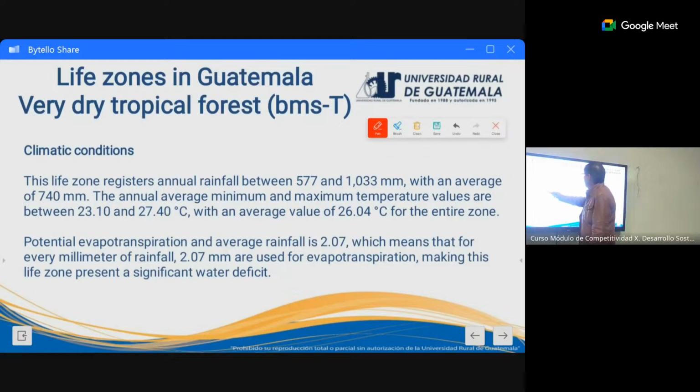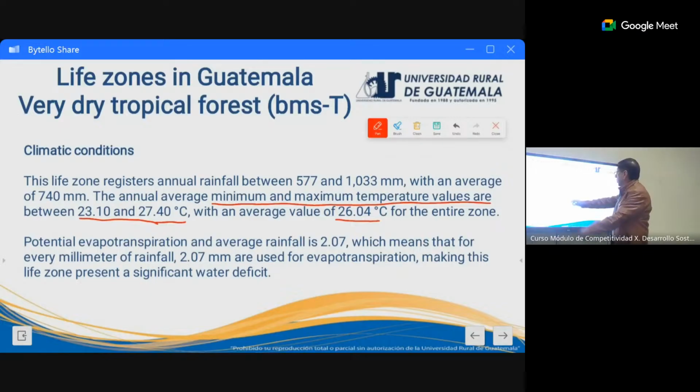The annual average minimum and maximum temperature values are between 23.10 and 27.40 Celsius degrees, with an average value of 26.04 Celsius degrees for the entire zone.